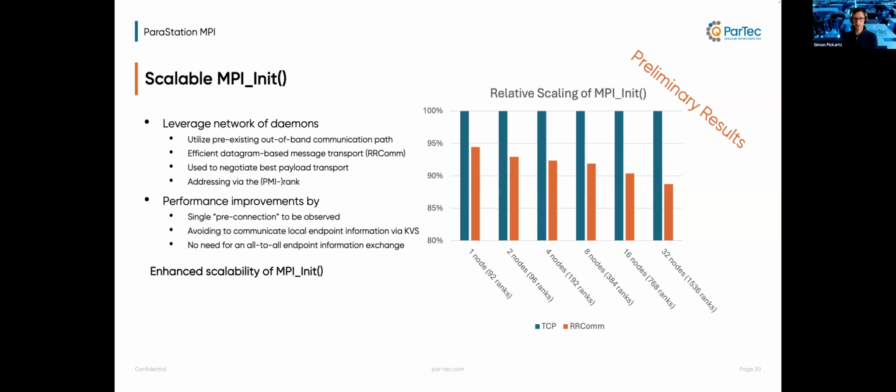And as you can see, if the so-called RMCOM interface is used, which is our interface to interact from the user level with the daemon, the relative execution time of the MPI init dramatically decreases. So that is basically the goal, that we want to further improve the startup times for really large scale MPI applications.